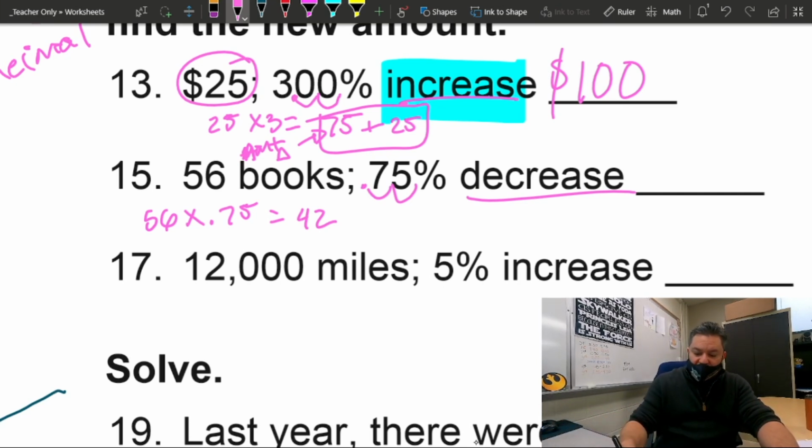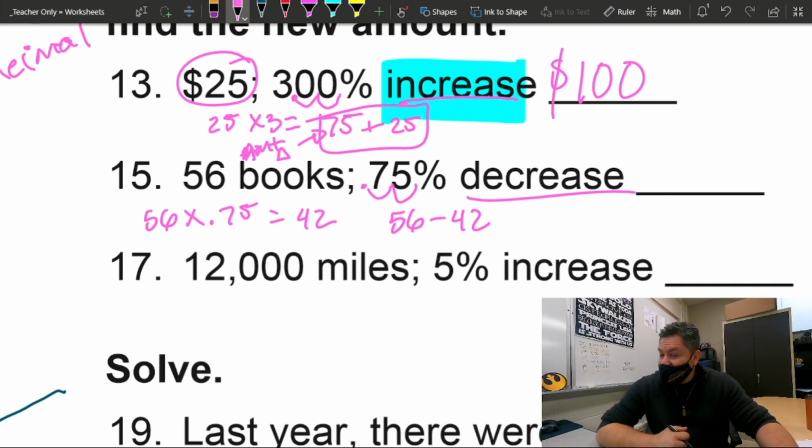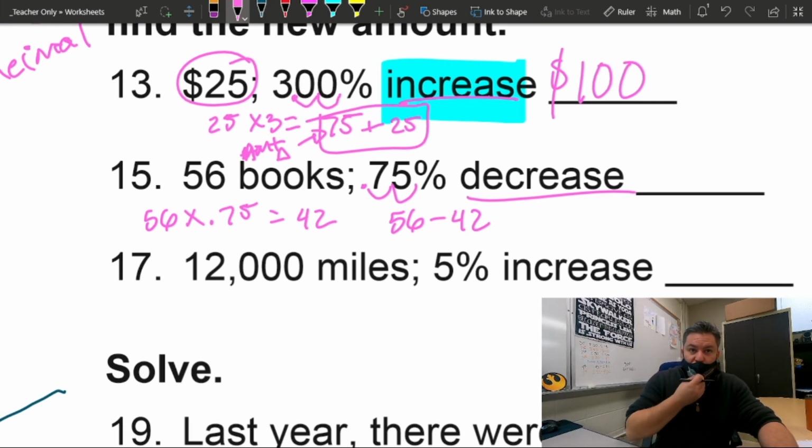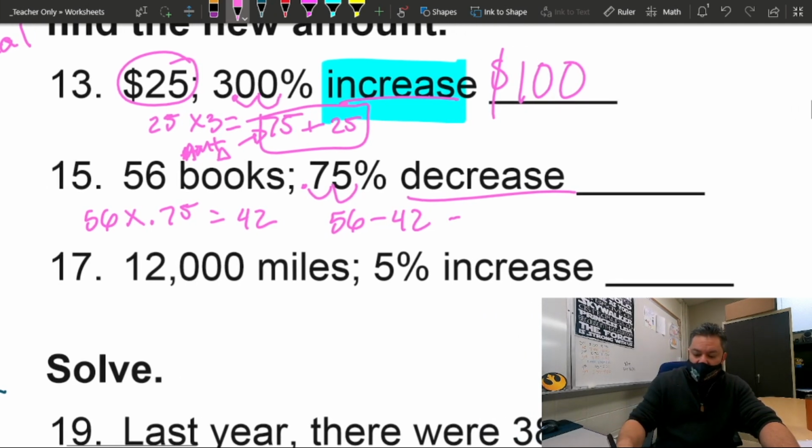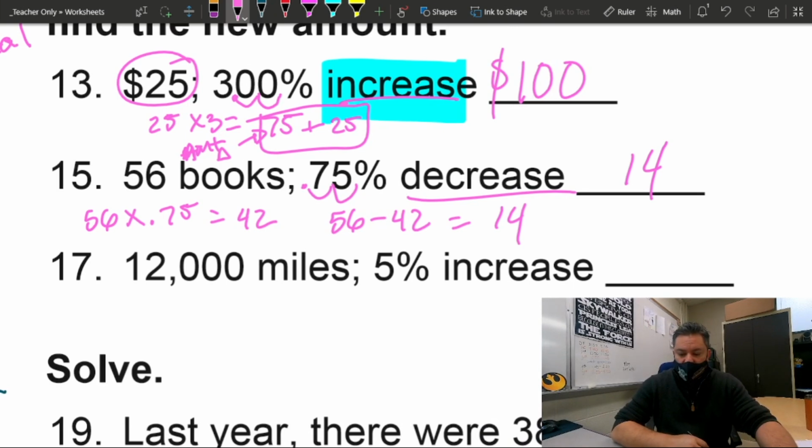So I'm going to have to take the 56 minus 42. If you subtract 42 minus 56, you're going to get a negative number. That's not what we're looking for. You have to do big number minus small number. So it's going to change by 14. So my new amount is going to be 14.